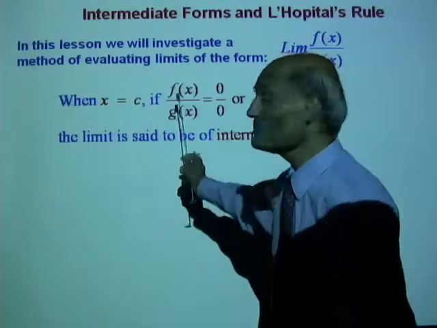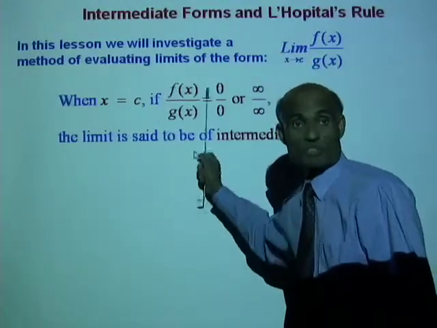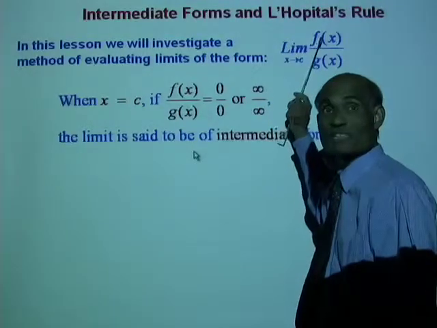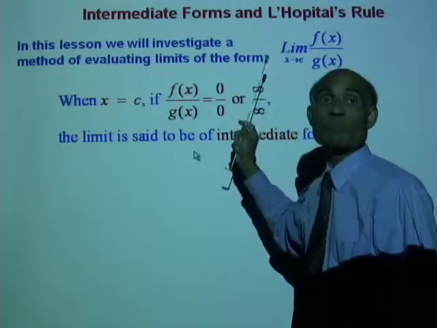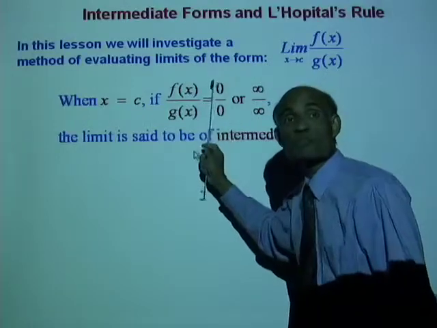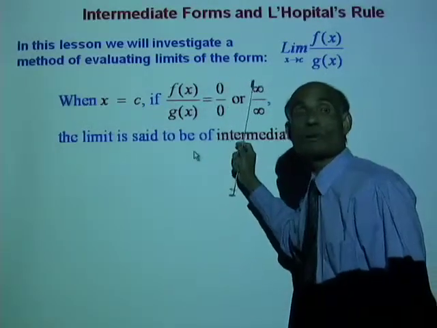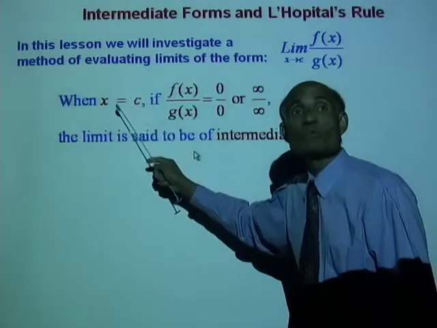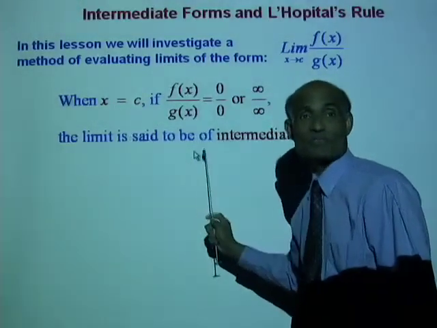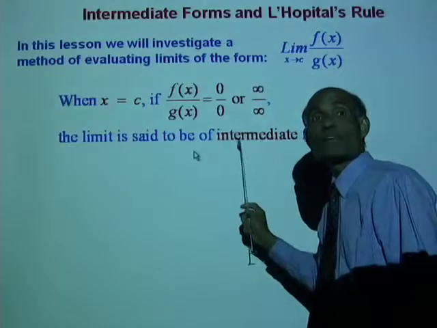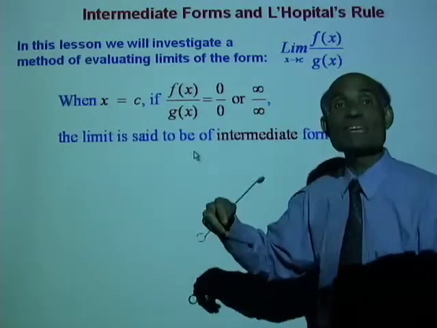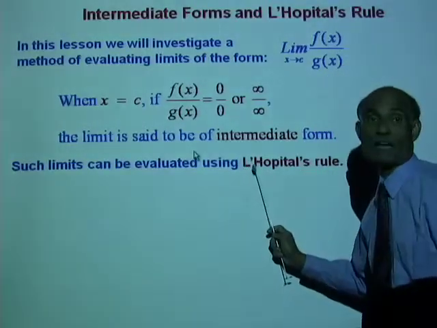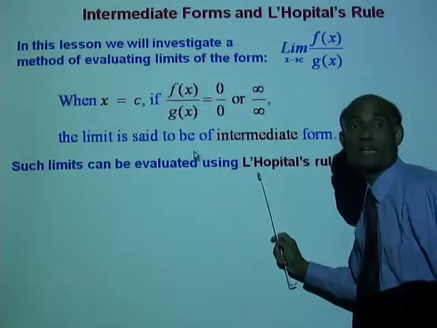Now, if limits of this type, meaning limit as x approaches c of f of x divided by g of x, yield 0 over 0 or infinity over infinity when you do the direct substitution, then these limits are said to be of indeterminate form, and we have a rule that can be used to do that.